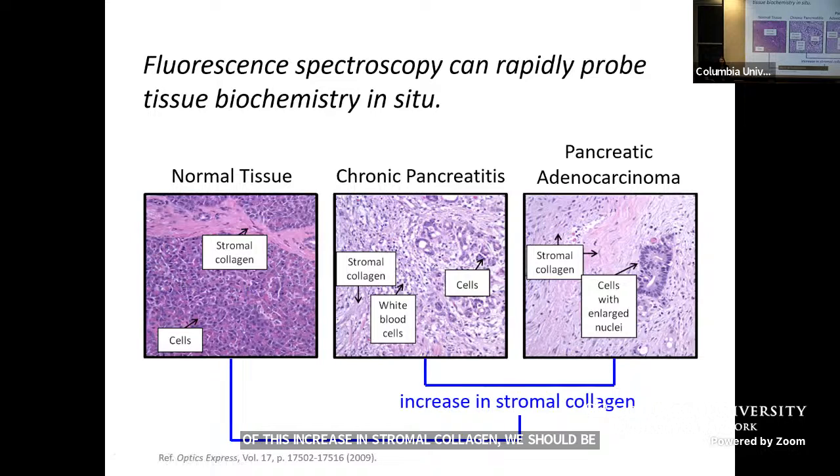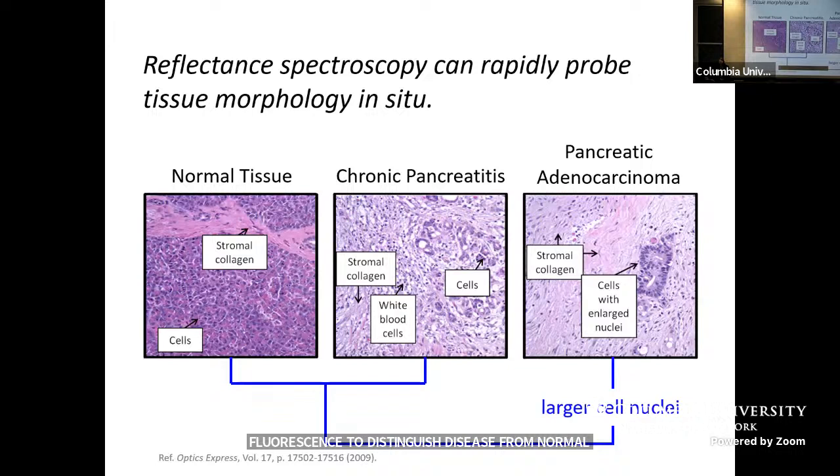So that was one piece of the rationale. The other thought we had is that if we look at cancer tissue, the cells here have enlarged nuclei, noticeably enlarged nuclei. We know that when light interacts with tissue, refractive index changes, the sizes and shapes of scatterers in the tissue will change the way the light interacts with tissue and scatters.